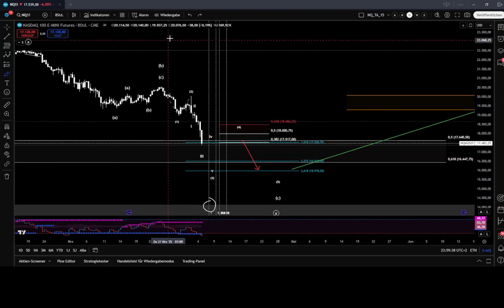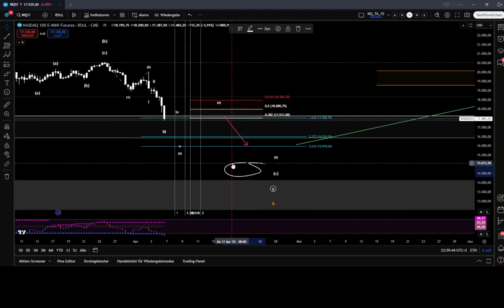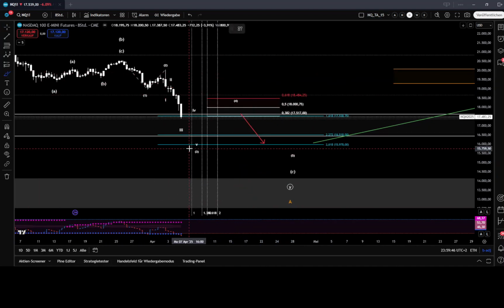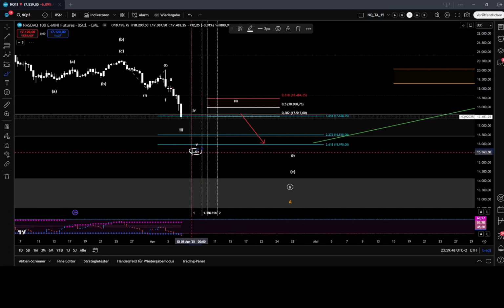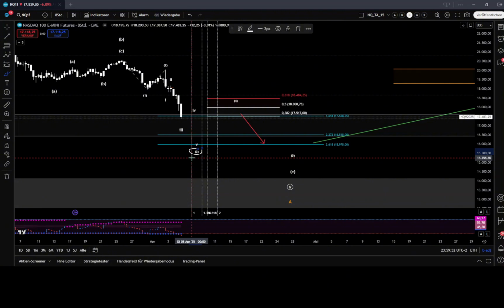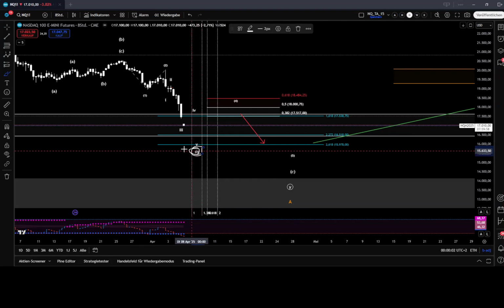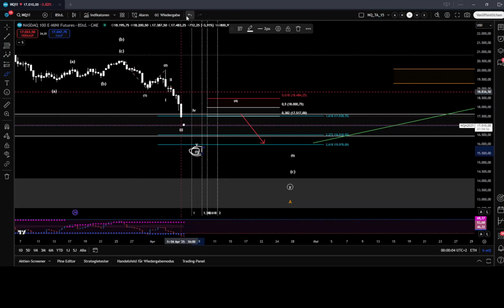Time is not an invalidation, but the third wave here in brackets should finish after the 100% time extension compared to wave 1, which is the 8th of April, to the 1.382 Fib time extension on the 9th of April. So in this time window, we should find our termination of the third wave.